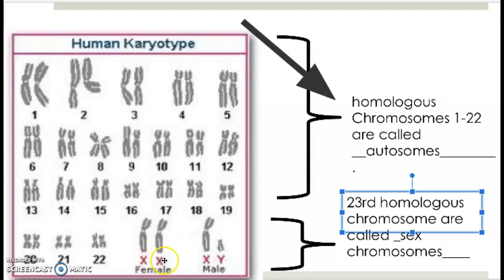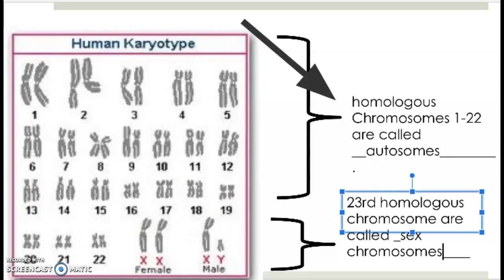We call it XX. However, if there's a big chromosome and a really tiny one, we call the little tiny one Y, and XY would represent the male. Anytime you see this, it's going to be a male. Anytime you see this, it's going to be a female.